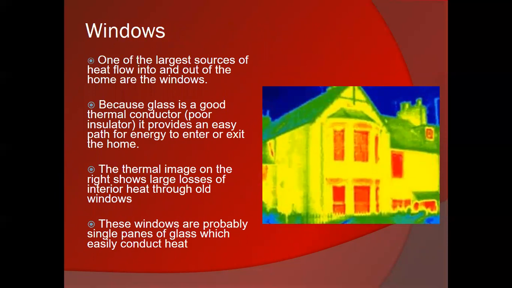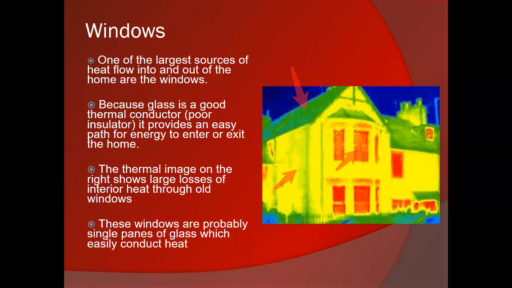Now you can see here some of the problems with a house. Okay, this is a thermograph, and we can clearly see that they did a real good job on the roof. The green indicates cooler, which means you're not losing as much heat through there. A little more heat is lost through the walls, but by far the greatest amount of heat is being lost by these windows.